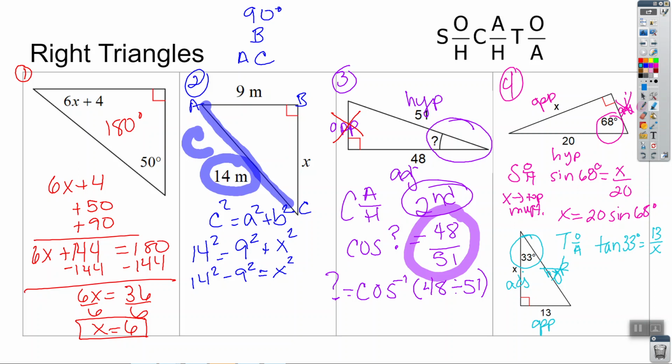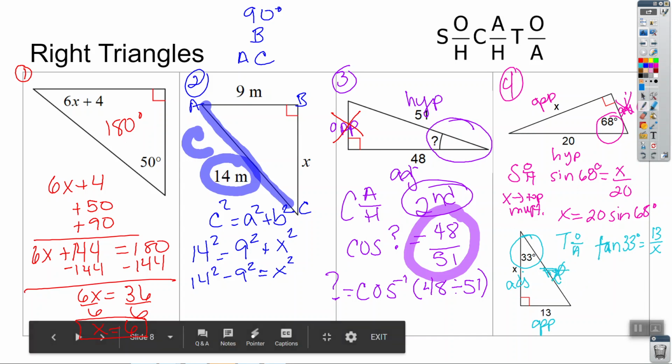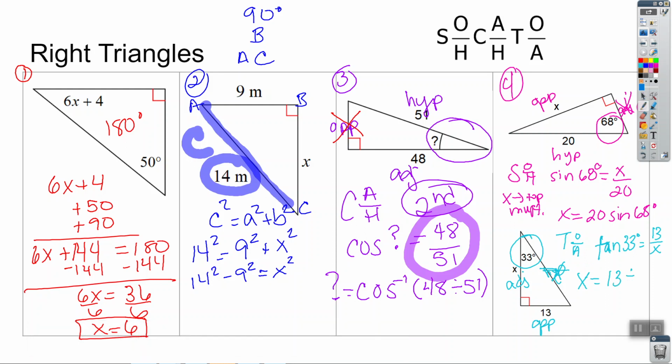I look at that fraction. I can see that x is in the bottom, the denominator. When x is in the denominator, I need to divide. So x is equal to 13 divided by tangent of 33.